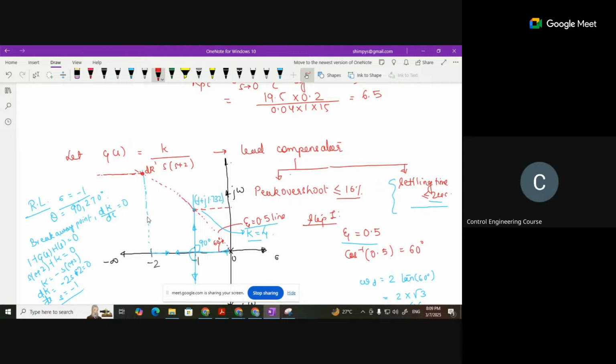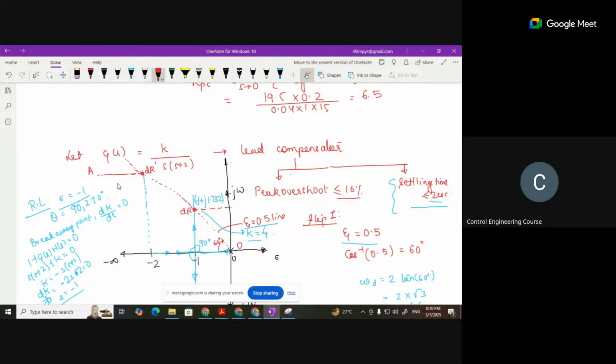Just listen to it. The point dr dash, which is shown over here, has two points: one is this dr, and one is the origin. Let me take this as origin, and let me extend it here.